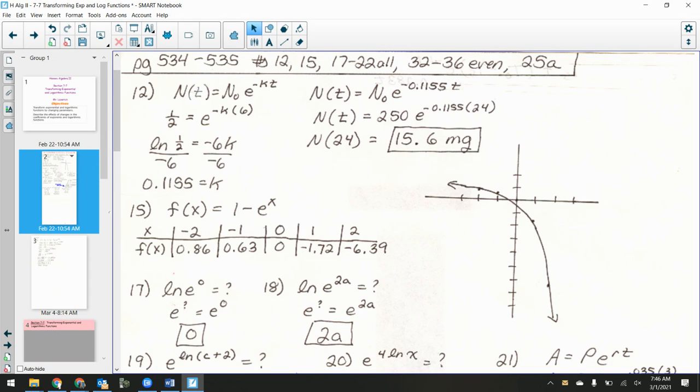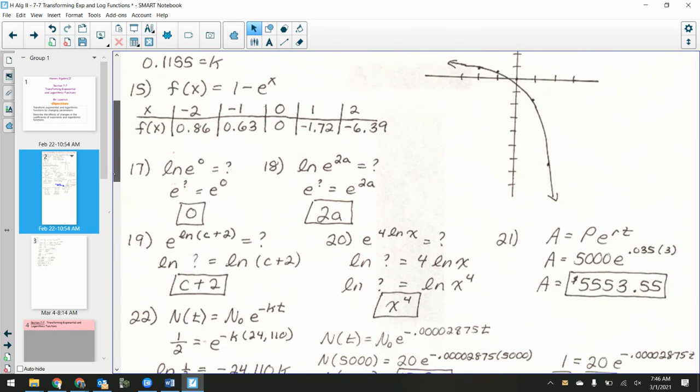Here's 15 as well. And again, I do want to talk through 17, 18, 19, 20. I would write them just a little bit different. I guess 17 is fine. You'd say e to the what power is 0, or e to the 0, which is just 1.